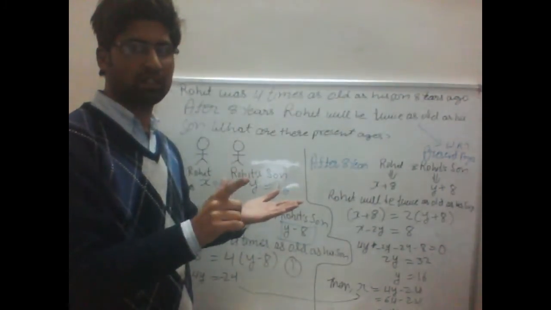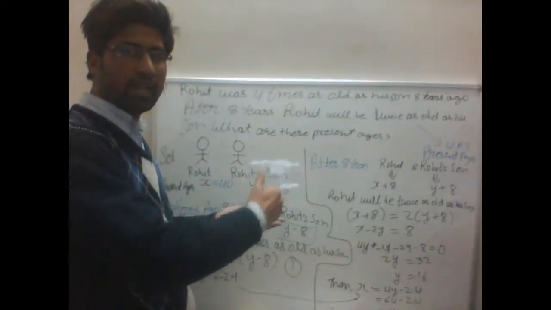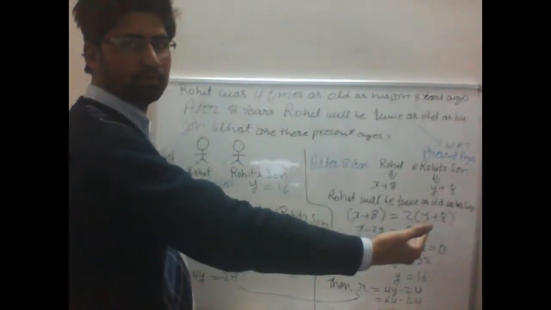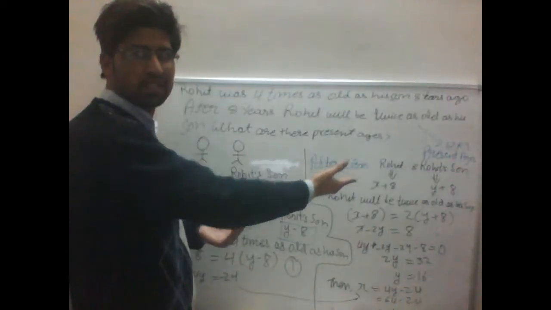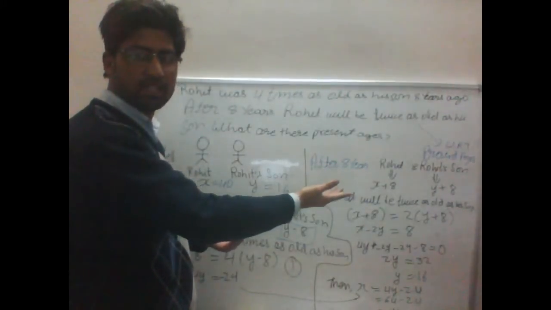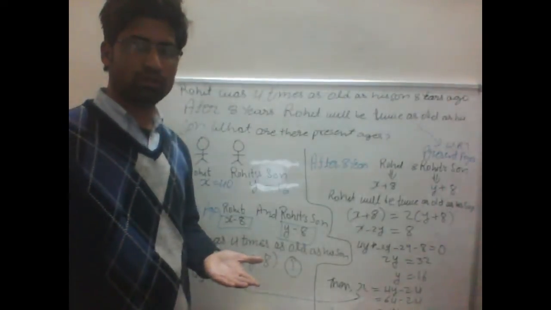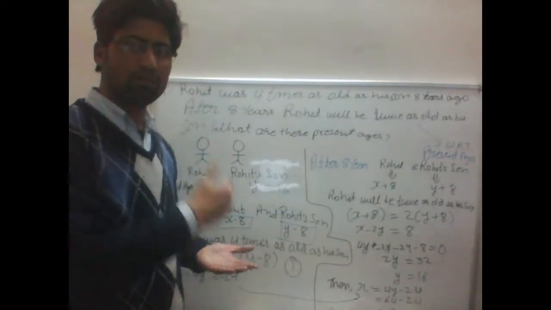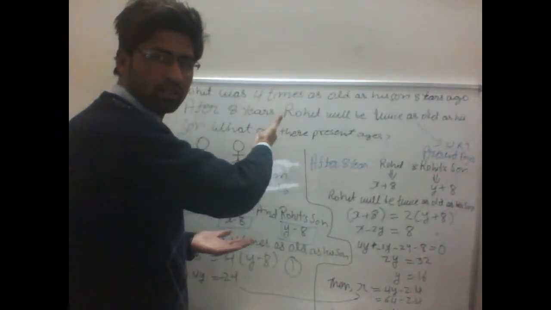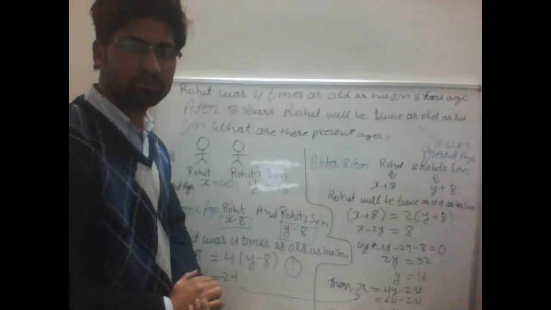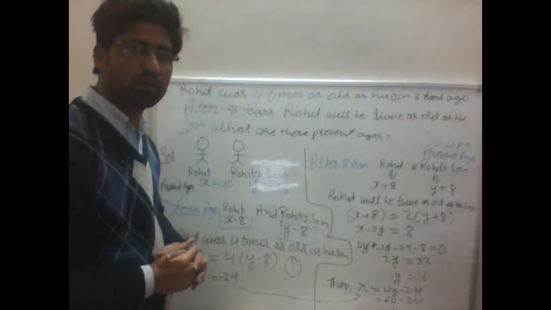And from the present age, we have to again send them 8 years later. Understand? So here we are considering a reference time. Our reference time is the present age. From the present age, 8 years ago the relation was that, and from the present age, 8 years later the relation was this. Understand? Now let's proceed further with all the information here.